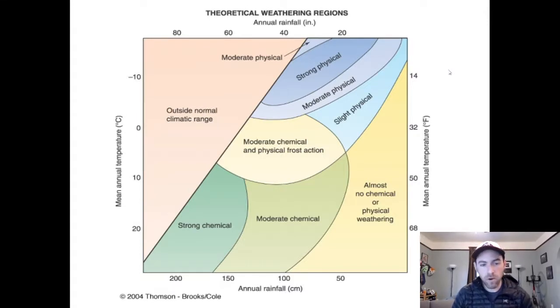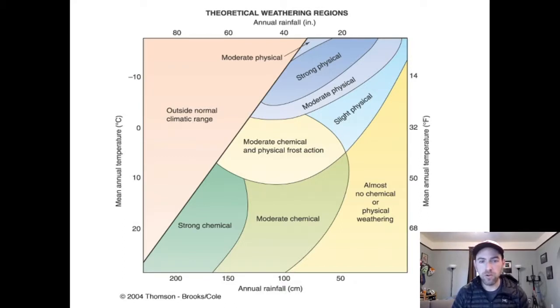The amount of water being provided to the system to do things like dissolution, oxidation, hydrolysis reactions, right? So the more water that is flowing through a soil, for example, the more chemical weathering you could expect, right?